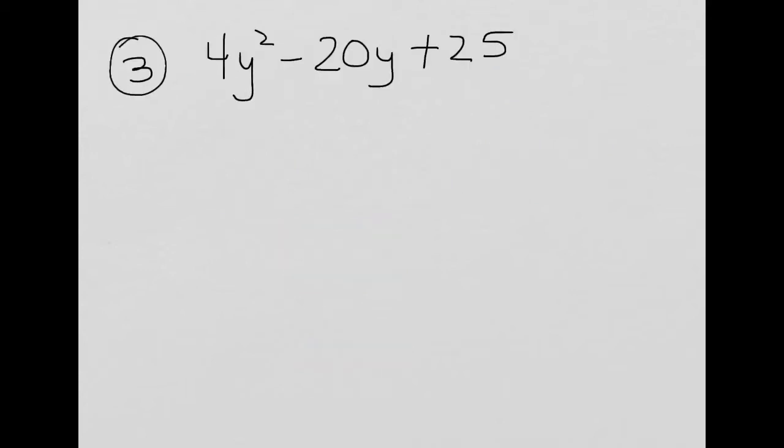Alright, so now we're going to take a look at, again, the first term and last term. So 4 is a perfect square, y squared is a perfect square, 25 is a perfect square. So we'll go ahead and put our parentheses in. We're going to take the square root of 4, which is 2, the square root of y squared, which is y, and we're going to take the square root of 25. Now because this middle term is negative, the square root of 25 would be negative 5.